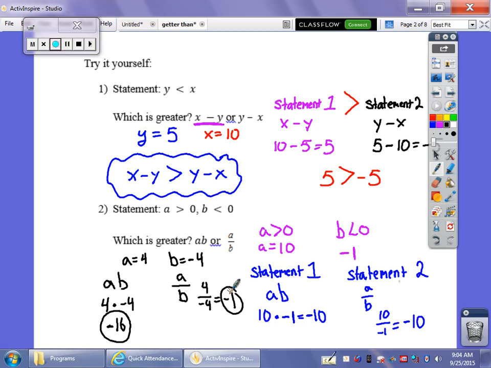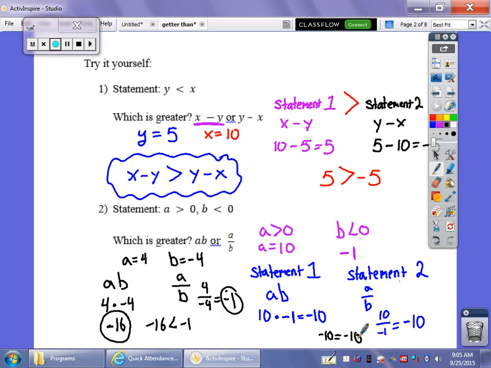Well, this time, they're not equal. This time, -1 is greater than -16, but here, they were equal. So can we determine which one is greater? We can't, because we don't know enough information about A and B. So we can make both statements equal.